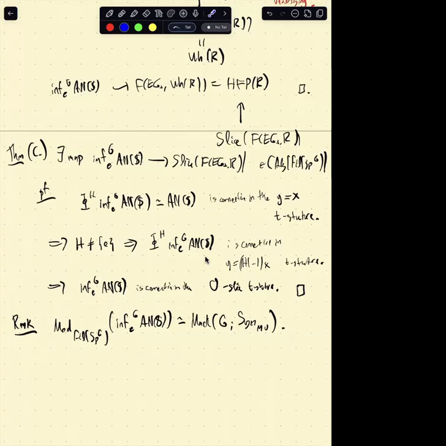And its role in this story is essentially what appears in this remark. So I want to give the slice filtration this commutative algebra object structure in here. And by this equivalence, that is equivalent to providing a map like this. And that's what this theorem provides.